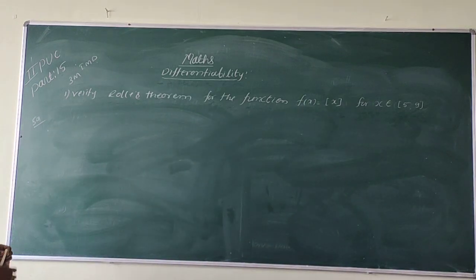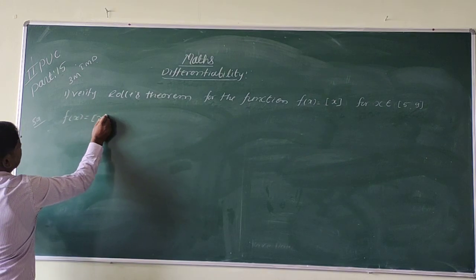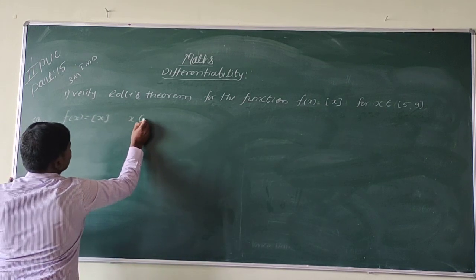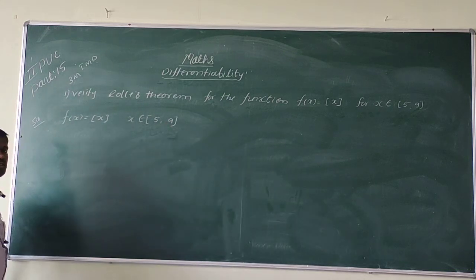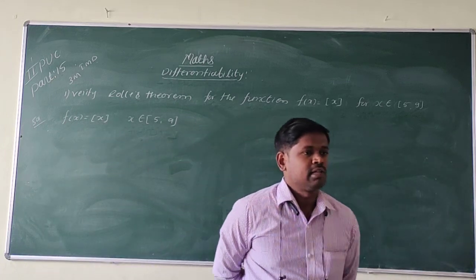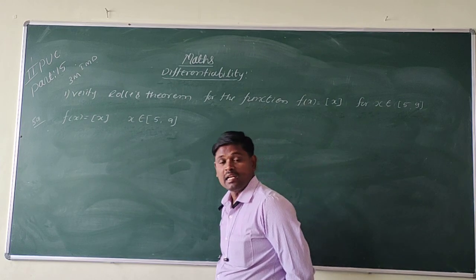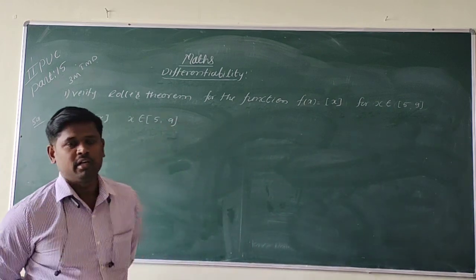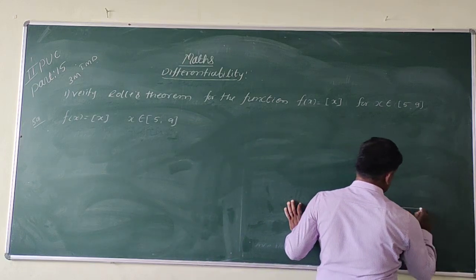See here, solution: f of x is equal to bracket of x, and x belongs to 5 comma 9. Already you know that the greatest integer function is not continuous at integral points. See here, the greatest integer function is like this.